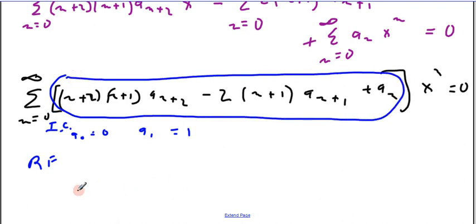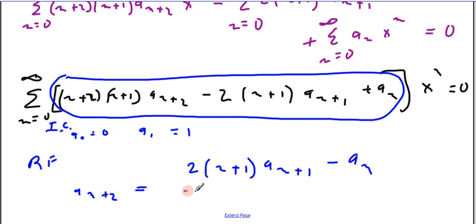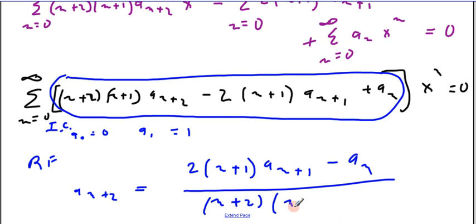It says that a_(n+2) is equal to 2(n plus 1) a_(n+1) minus a_n, divided by (n plus 2)(n plus 1), for all n greater than or equal to 0.